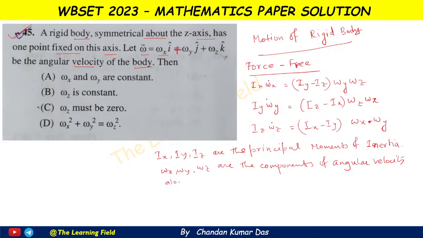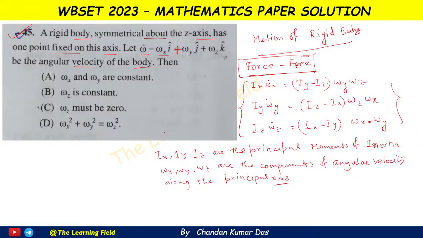So these are the equations of motion for a force free or torque free system if there is no external force. If you read the problem, no external forces are given. So these are the Euler equations of motion of the system.